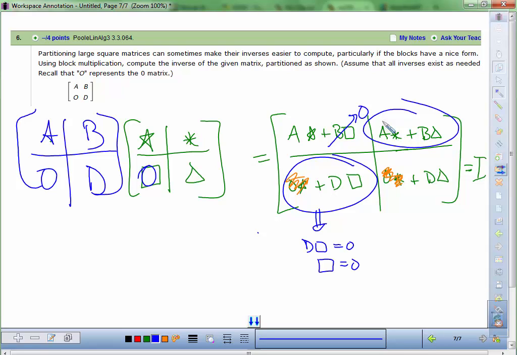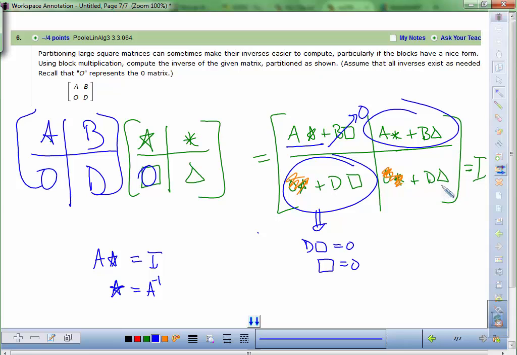Well, let's keep going here and see if we can get further. So it looks like that's going to be 0. Then we have A star, and this has to be the identity matrix on either side. So what does star have to equal? The inverse, right? If you multiply both sides by A inverse, then star has to equal A inverse.